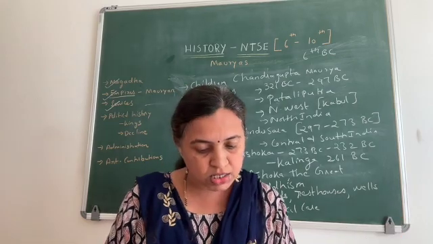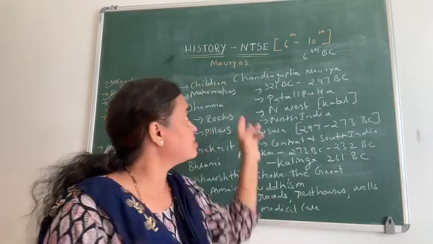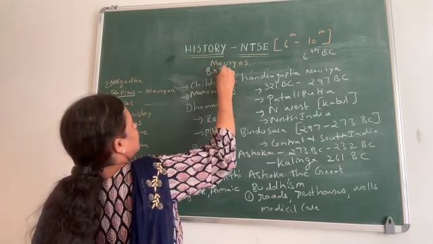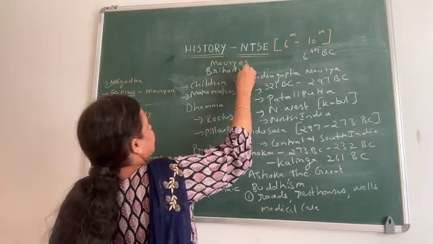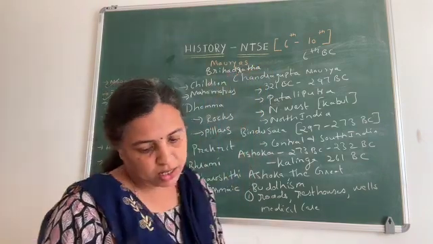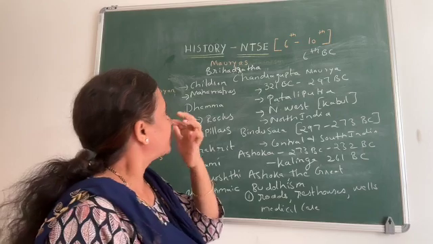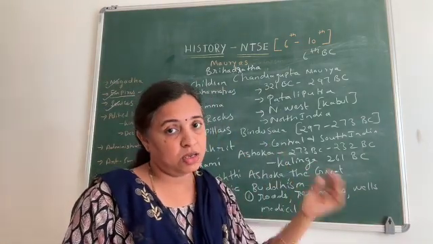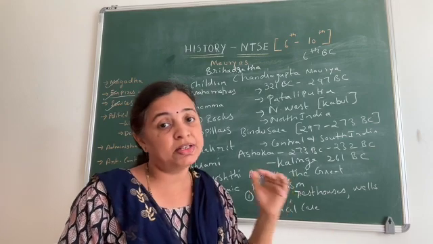The last king of this Mauryan Empire was Brihadratha. He was the last king. He was killed by his own minister, army person, commander in chief.